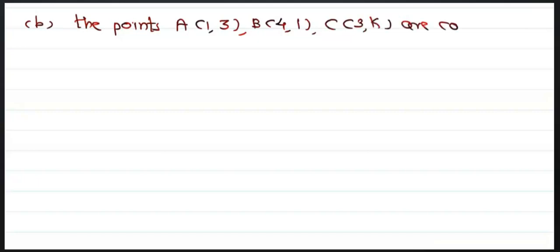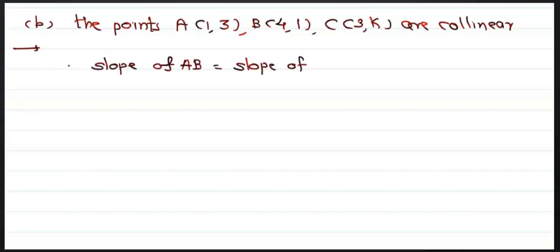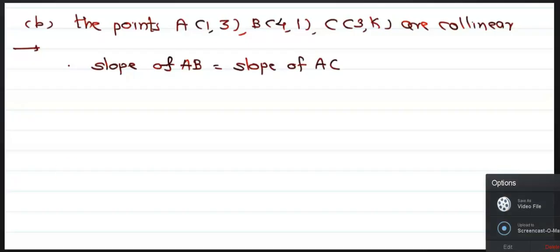A is (1, 3), B is (4, 1), C is (3, k) are collinear. Now, as these points are collinear, it's simple. That is, the slope of AB and the slope of AC both are equal, and we can find the value of k. If these three points are collinear, we have to find the slope of AB and of AC also, and equate them.